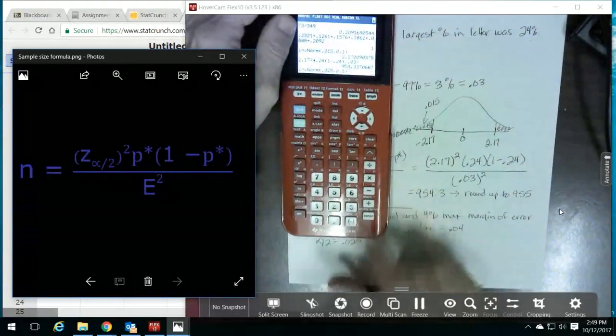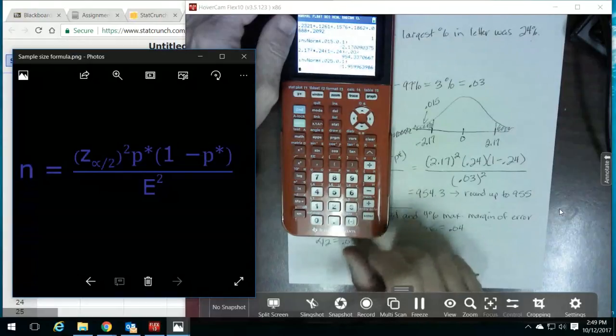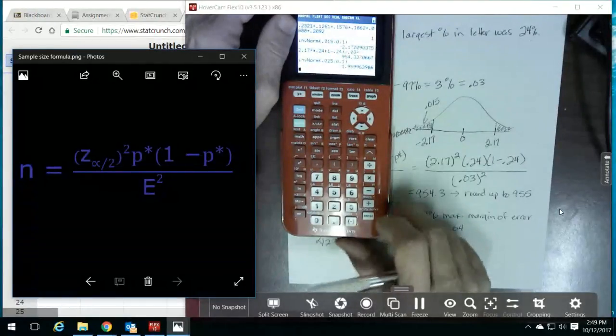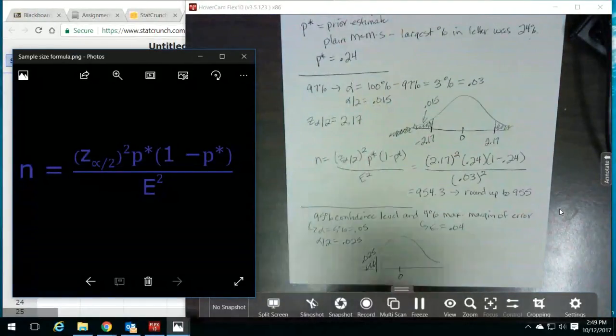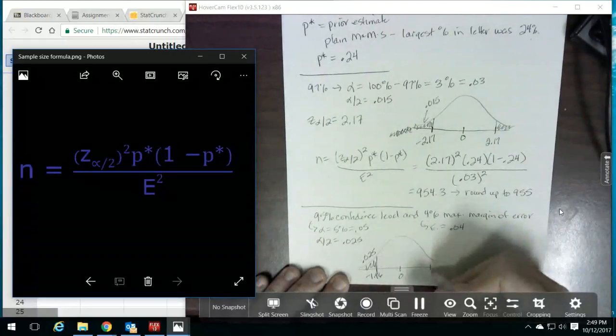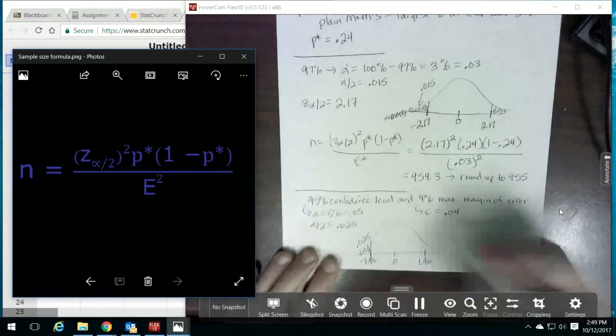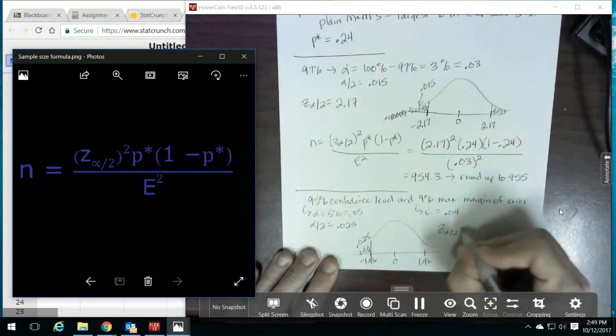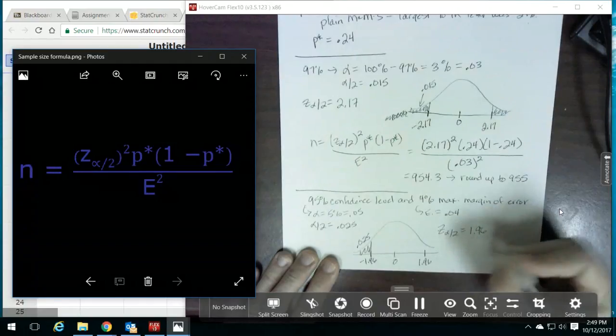Here's what I would have on my calculator. If I do that, it gives me negative 1.96 rounded to 2 decimal places. My critical value is that, with the negative taken off. So now I have z alpha over 2 is 1.96.